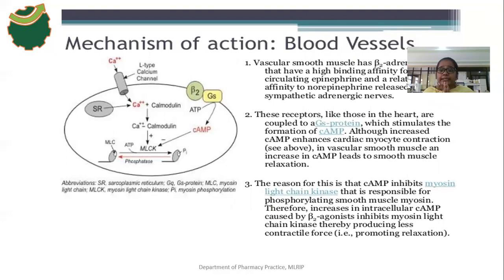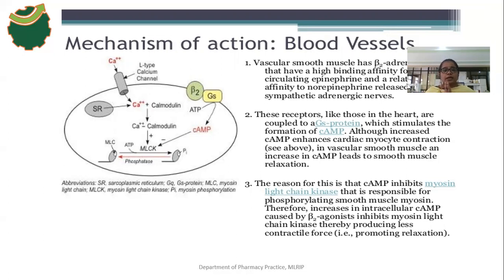Beta 2 adrenergic receptors. Note down: beta 2 adrenergic receptors are mainly present in vascular smooth muscles and visceral organ smooth muscles, but beta 1 is mainly located in the heart region.